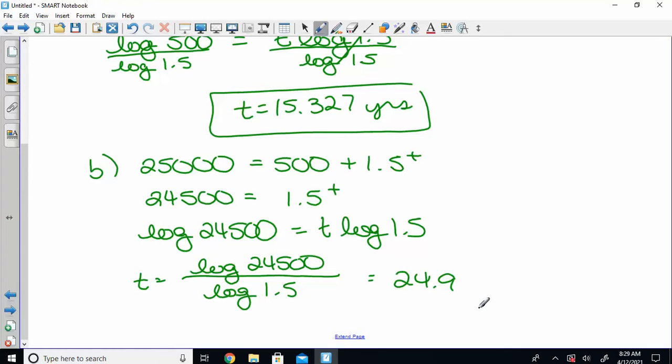So it did say during what year. We're still in the 24th year, so if this thing started in 1950 and you have 24 years after that, it's during 1974. Okay, we're at the end of the year, but it's still in that year.